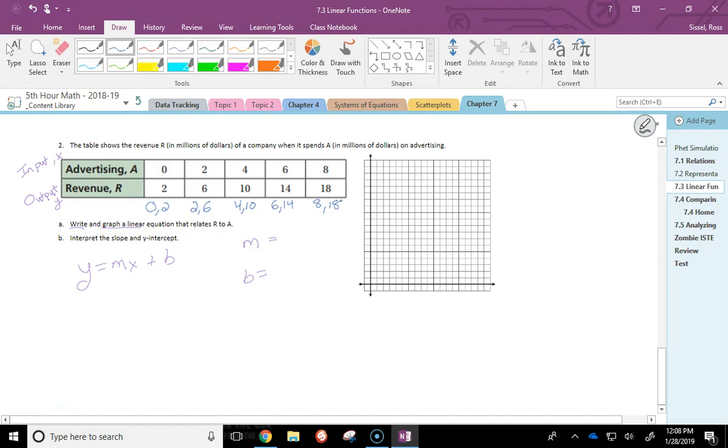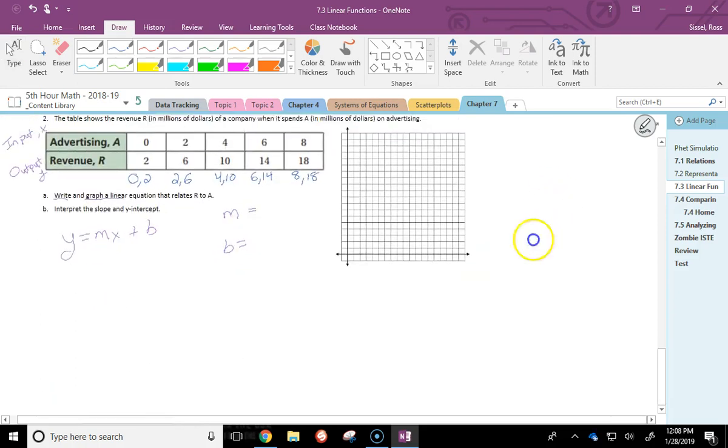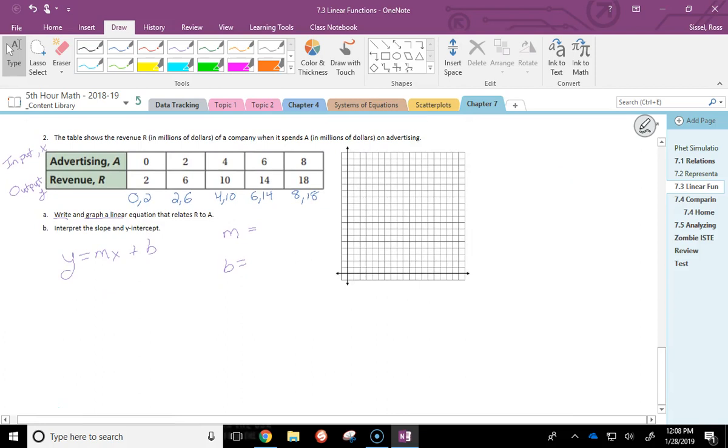Everyone needs to be doing this with us. I'm going to put my coordinate points in. Just graph backwards. So 0, 2, 2, 6, so 2, 3, 4, 5, 6.